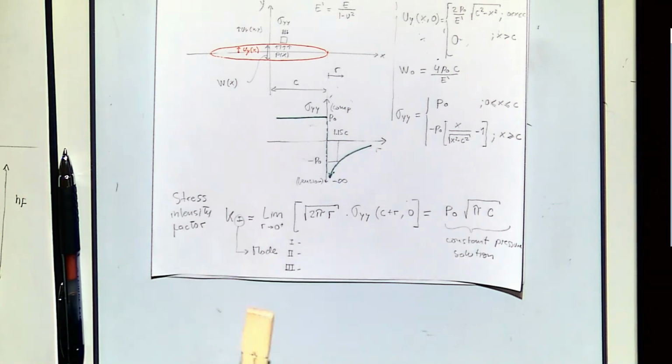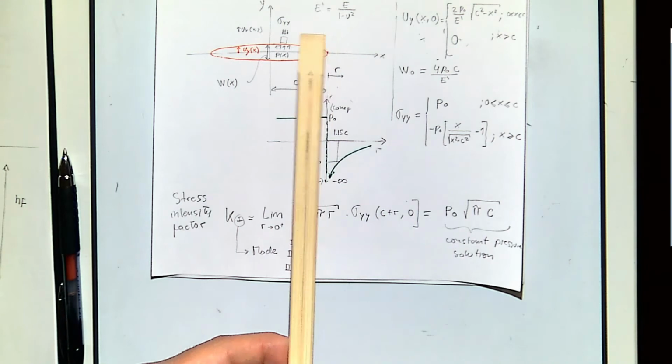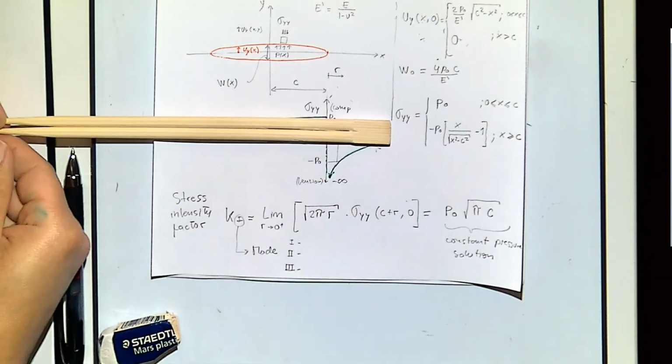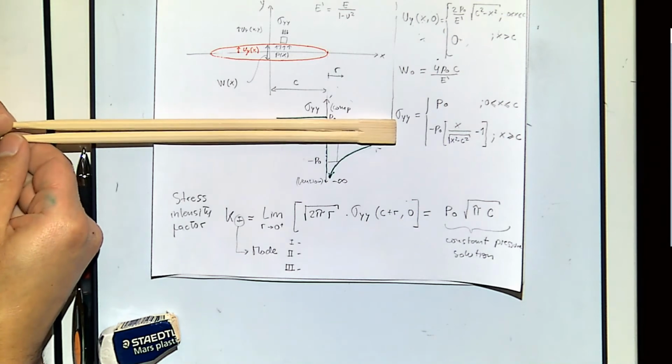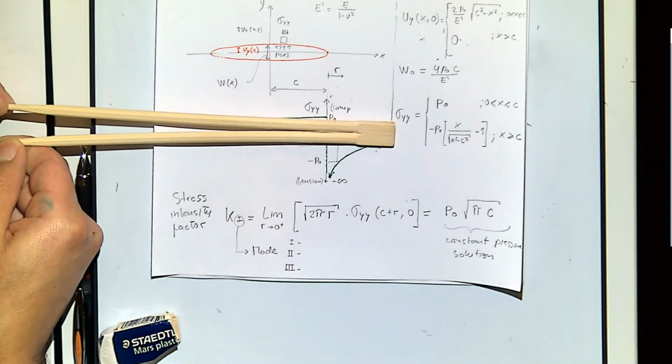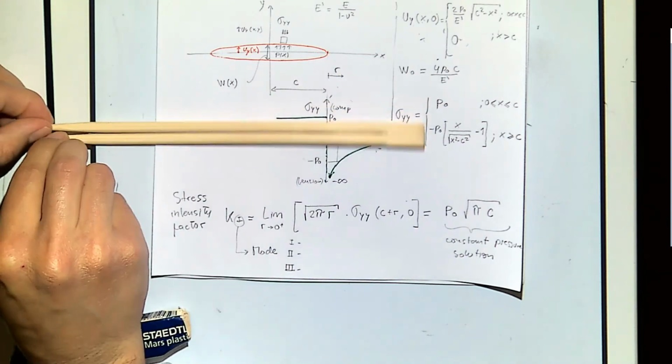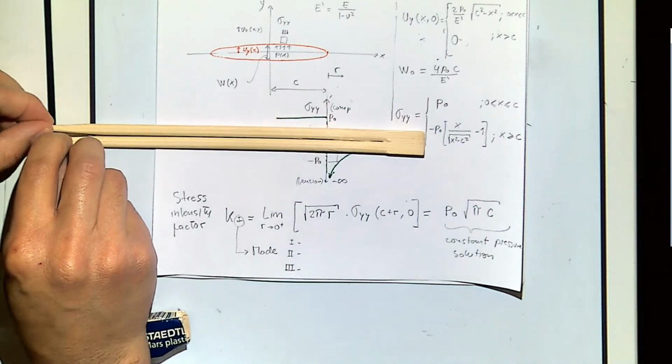So, mode 1 will be the one in which, if I mimic this fracture, the walls open with respect to each other. And let me see if I can, okay, that's a little bit better.